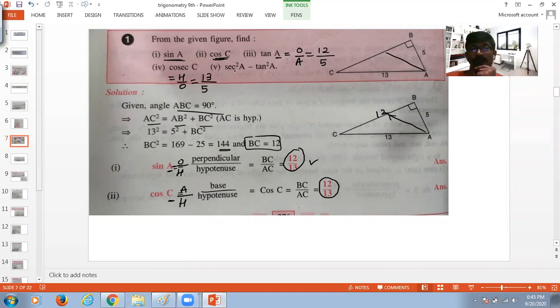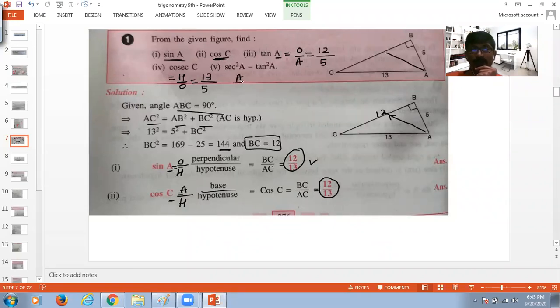So what is sec square A minus tan square A? We have to calculate. What is sec square A? So first of all, we must know what is sec A. Sec would be reciprocal of cos. That means cos is adjacent upon hypotenuse, isn't it?